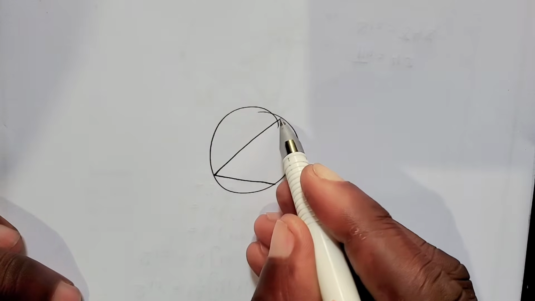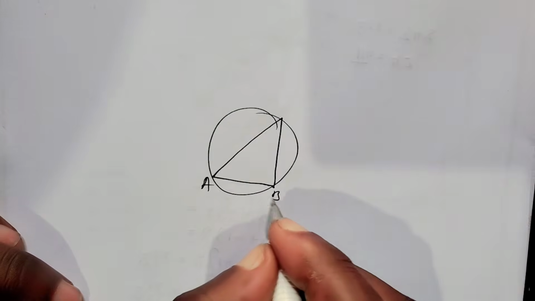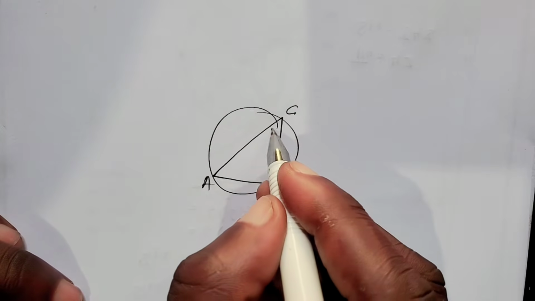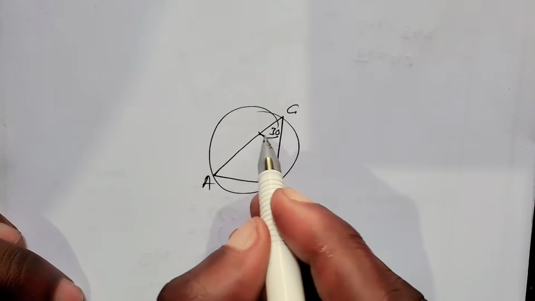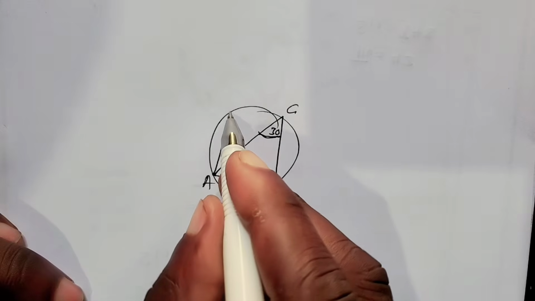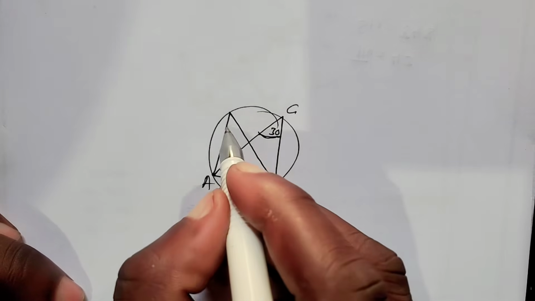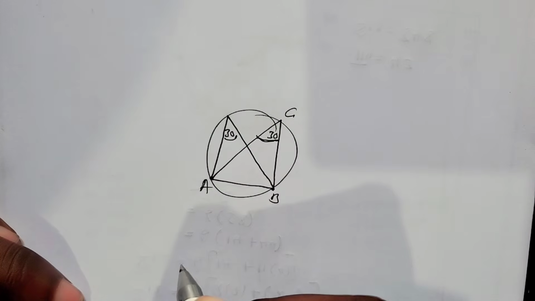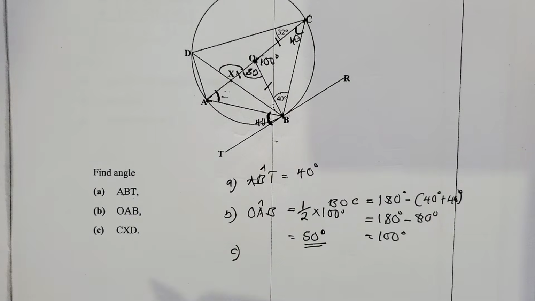If I draw a triangle like this, let's say this is A, B, and C. If I have 30 here, and I have another triangle coming from A, going anywhere on the circumference, and then coming to B, this must also be 30. That's what it means. Let's get back to this.